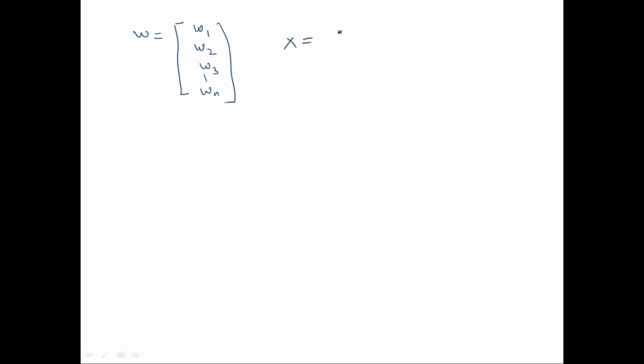And the x vector is x1, x2, x3 up to xn. And the equation of the plane is w1 x1 plus w2 x2 up to wn xn equal to 0 if the plane is passing through the origin.